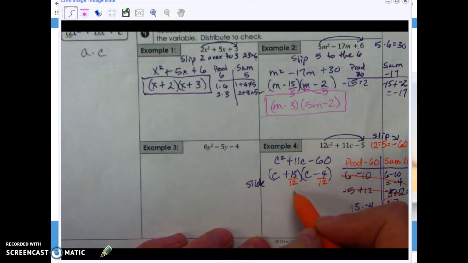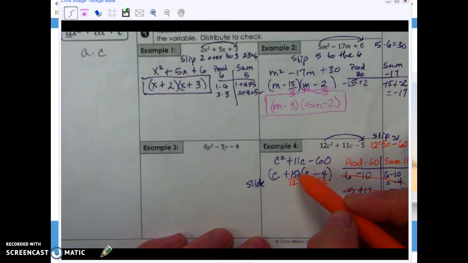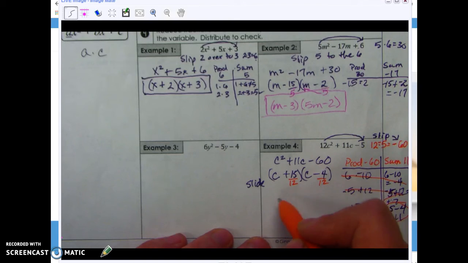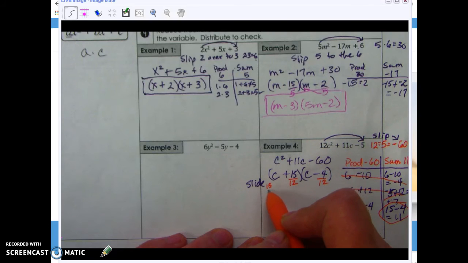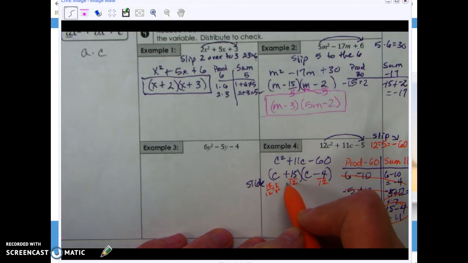My next line down is going to be reducing this. So I see that 3 goes into that 5 times, 3 goes into that 4 times. So 15 over 12, I can divide by 3, that will give me 5 over 4.